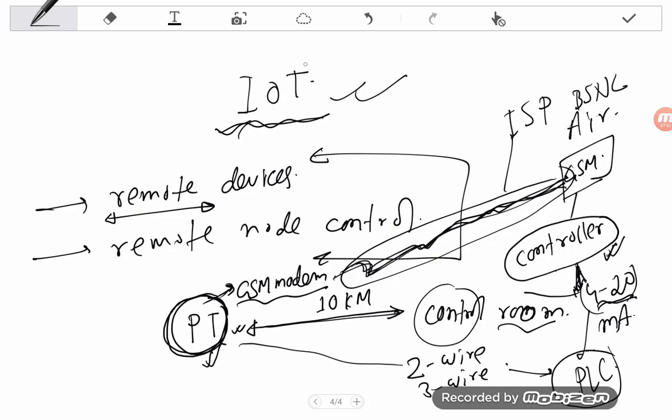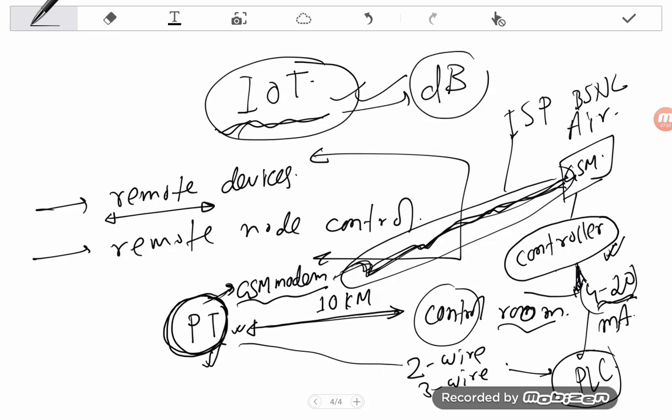There are various other concepts of Internet of Things like database design, HMI designing, etc. So this is a very typical example of Internet of Things, and these examples are connected with industrial communication. So what is IIoT basically? Now we can understand about IIoT, Industrial Internet of Things.